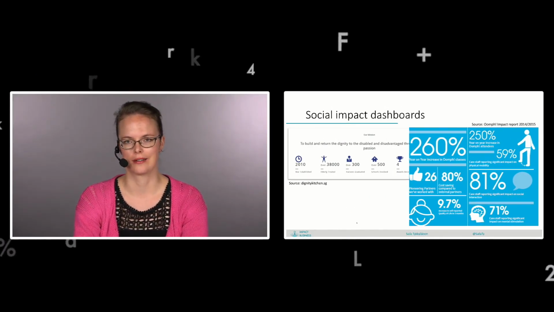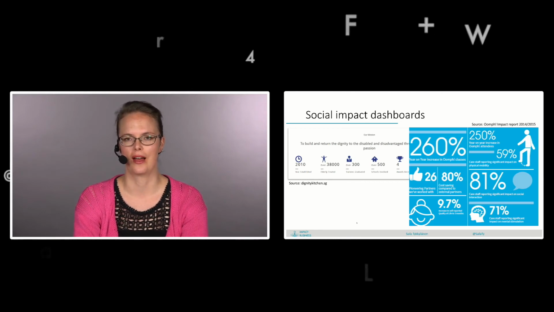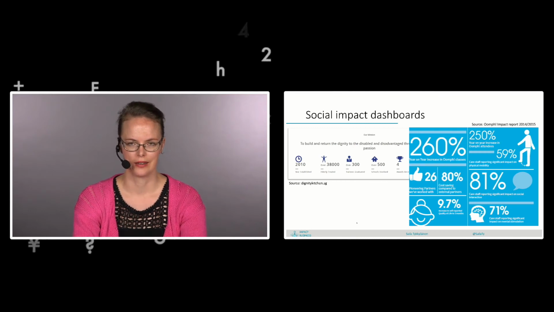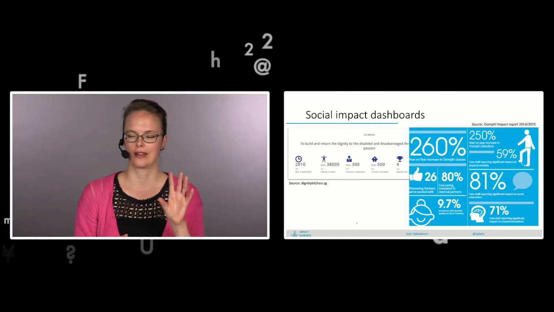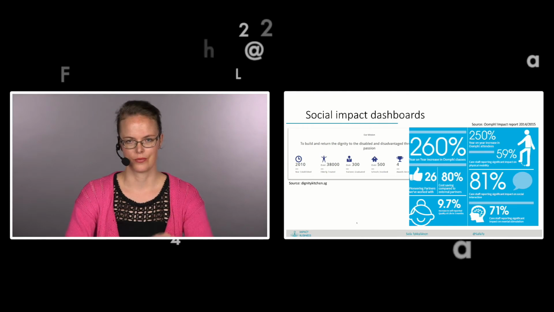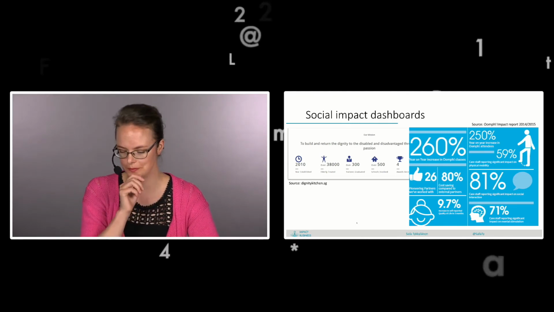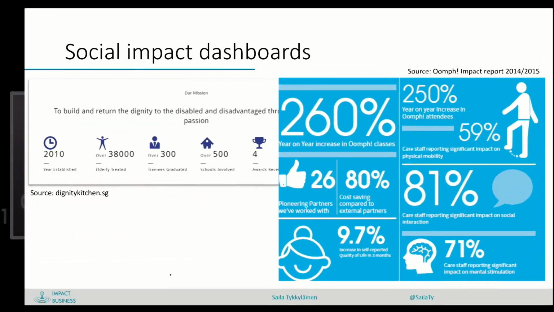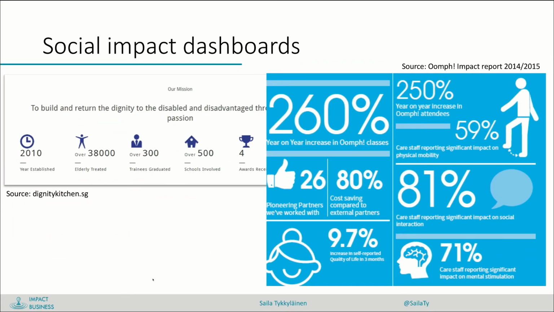Here is a snapshot from the impact report, and they are quite nicely actually covering all parts of the impact model. They are telling about the solution, about the outputs, about the changes they are bringing to the beneficiaries' lives, and from different perspectives too.